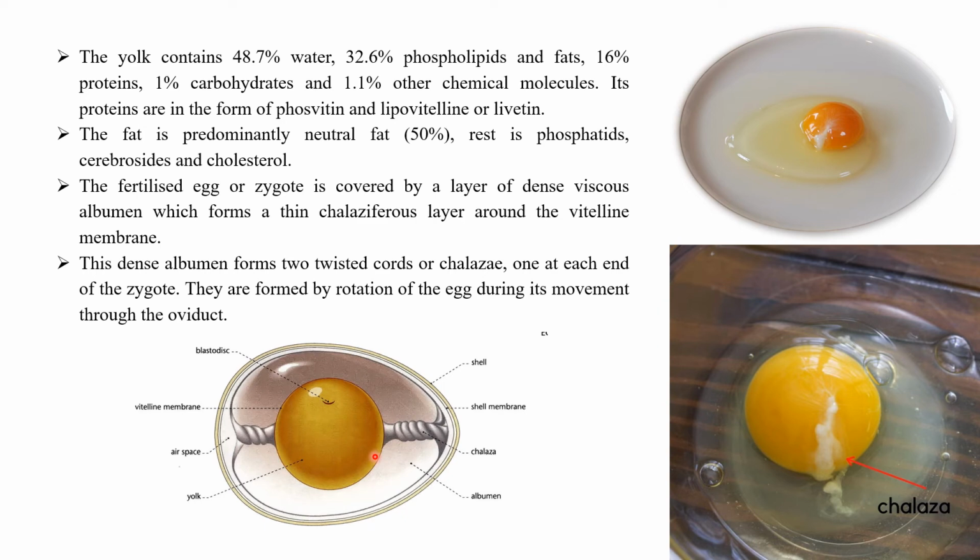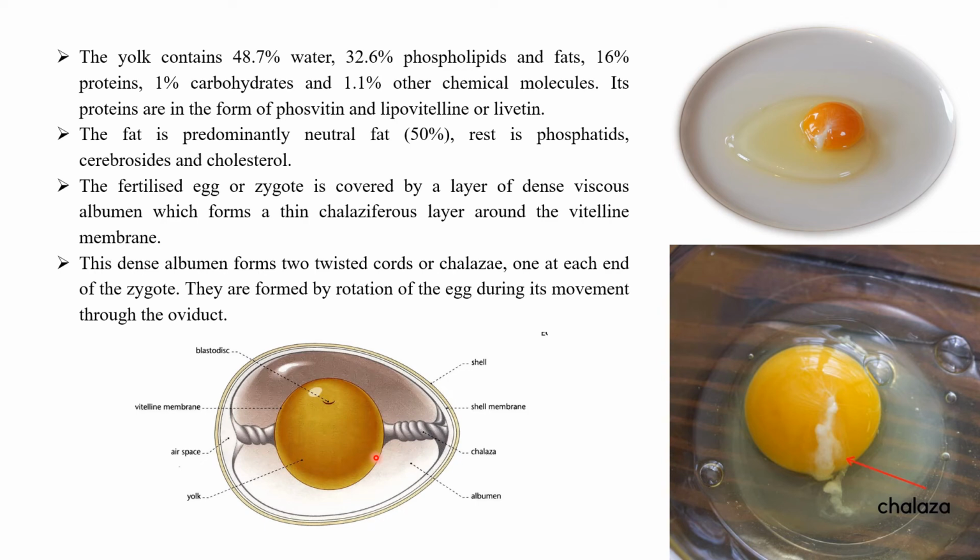This yolk contains about 48.7% of water, 32.6% of phospholipids and fats, around 16% of proteins, and around 1% of carbohydrate and 1.1% of other chemical molecules and nutrients required for the normal growth and development of the embryo.